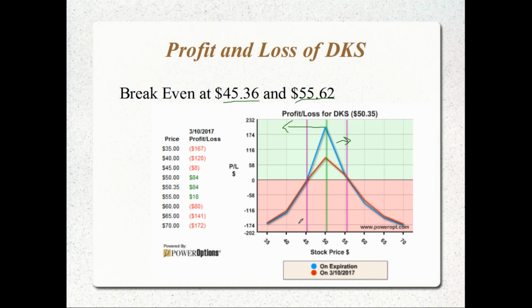Now, remember, I sold a 50 strike for March and I bought a 50 strike for June. How can I profit if the stock's above 50? Remember, I sold an option that obligates me to deliver shares of stock at 50. And I bought an option which gives me the right to buy shares of stock at 50.